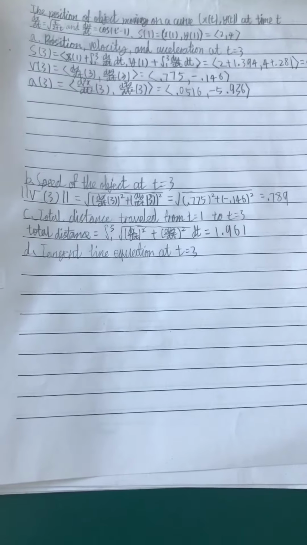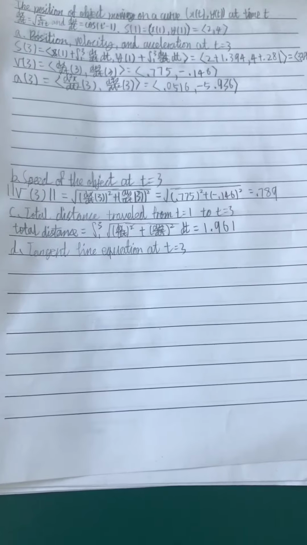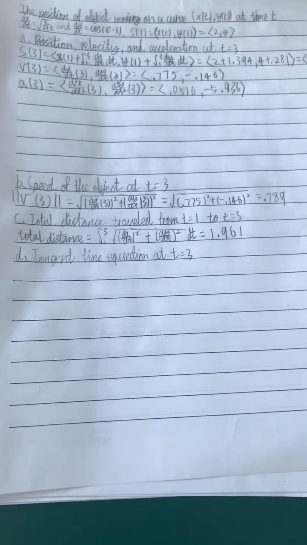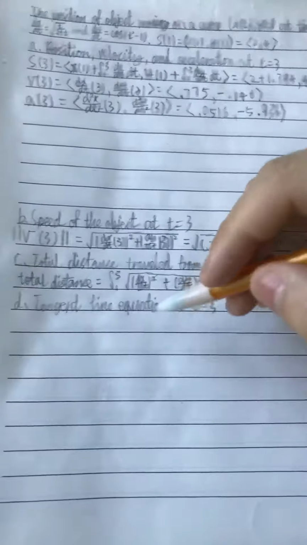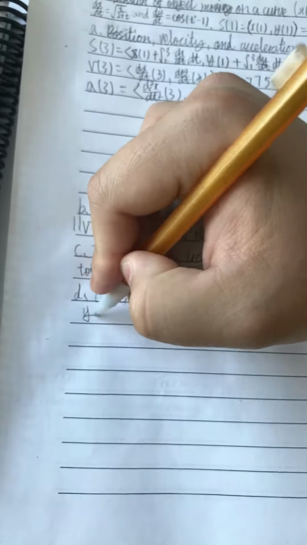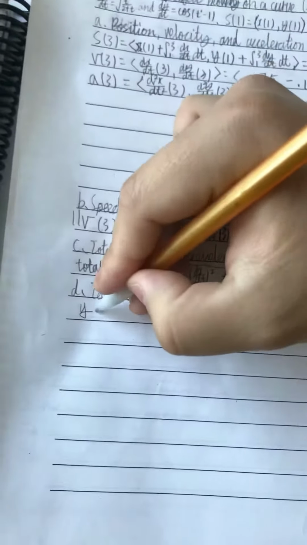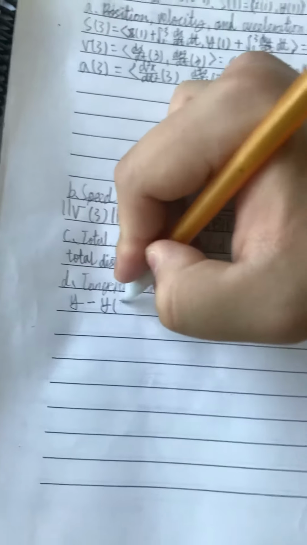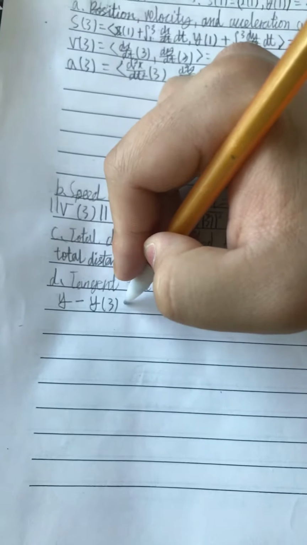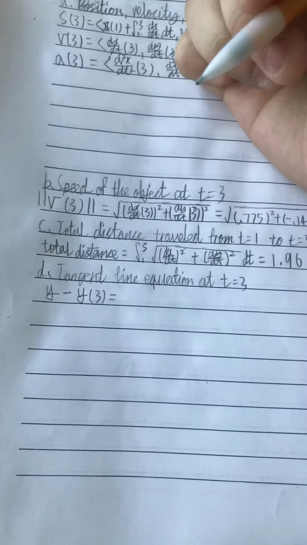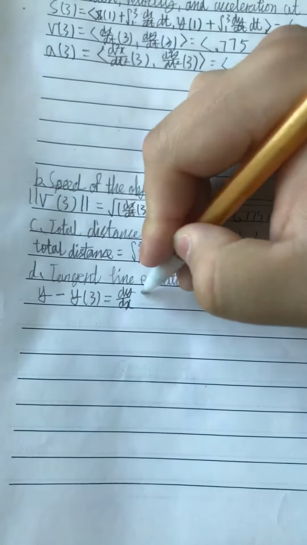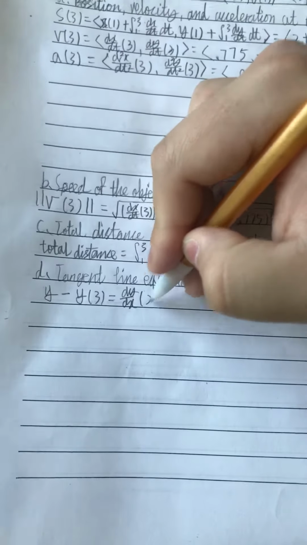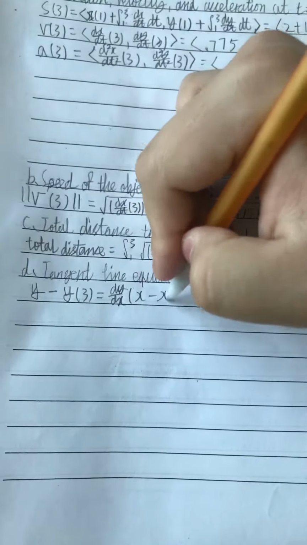The last problem, we have the tangent line equation at time equals 3. So okay, what we want to use here is the equation y minus y3 equals dy/dx times x minus x3.